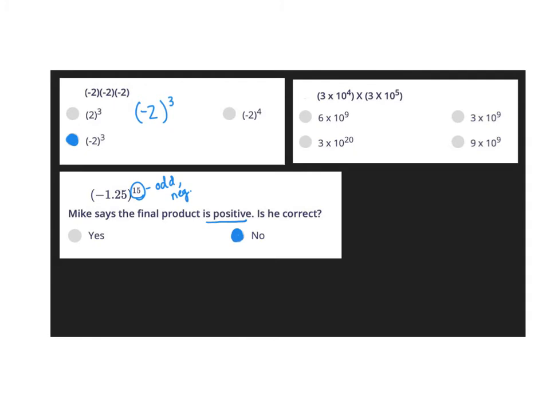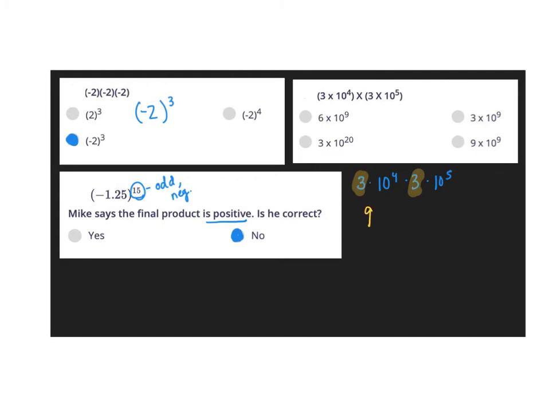Okay. And then the one off to the side over here, I'm going to break it down. We have 3 times 10 to the 4th times 3 times 10 to the 5th. We can go ahead and multiply our 3's first. 3 times 3 is 9.